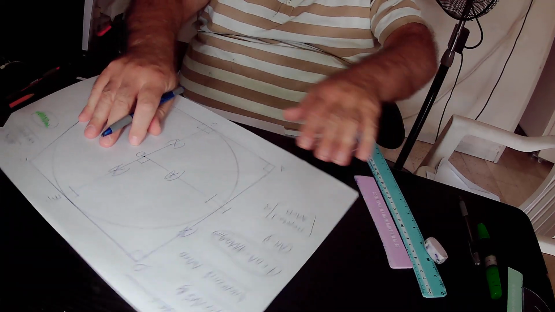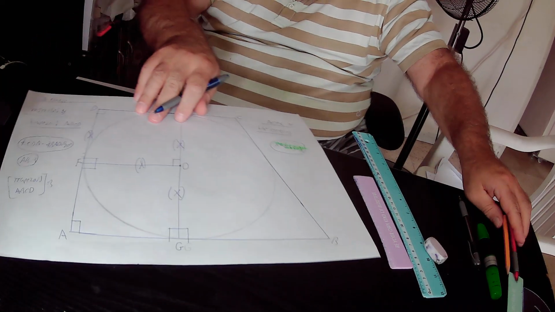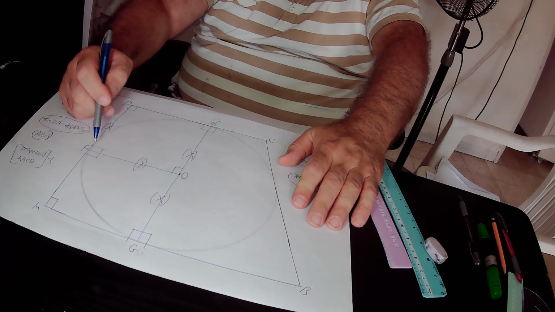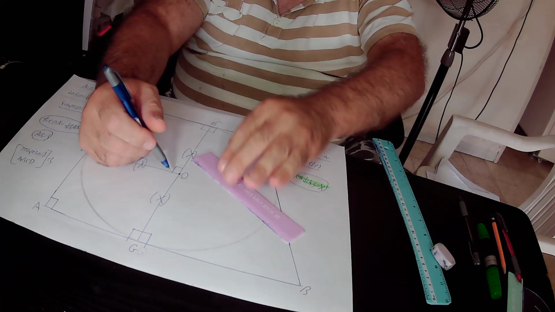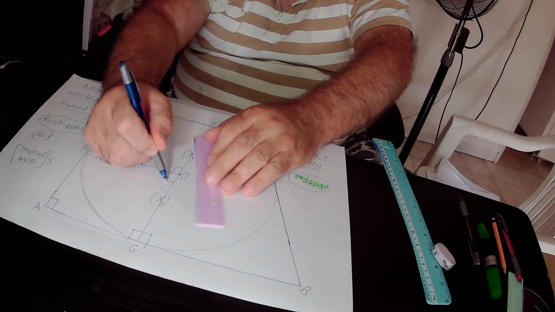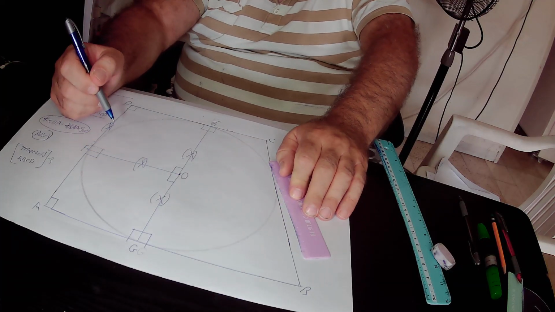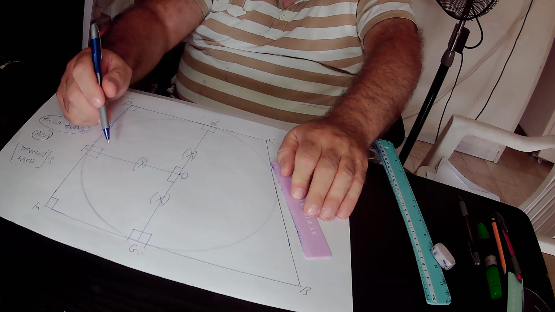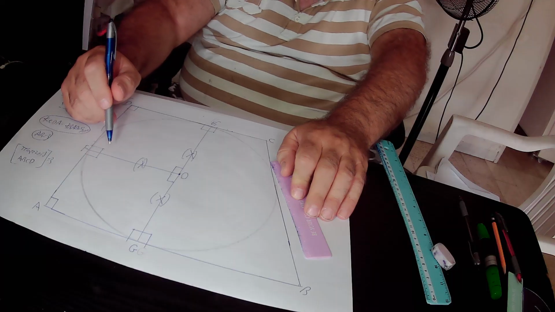Likewise, in the lower quadrangle FOGA, we have 1, 2, 3 right angles, and therefore this fourth angle must be equal to 90 degrees. Therefore, we can relate to quadrangle FOGA as a rectangle because it has 4 right angles. But we also know that the opposite sides of a rectangle are equal to each other.